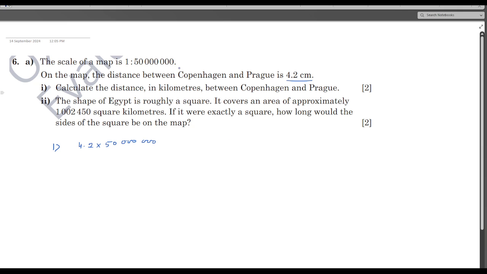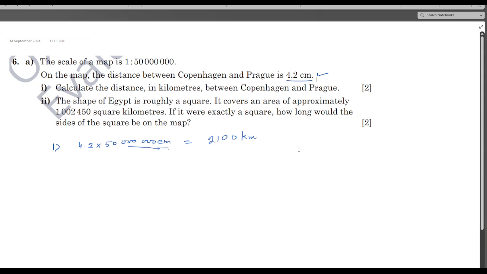For converting this centimeter into kilometer, we will remove 5 zeros: 2 for centimeter to meter and 3 for meter to kilometer. So basically you have 500 times 4.2, which is 2100 kilometers. Here the distance is in centimeter only, because distance on the map is in centimeter.